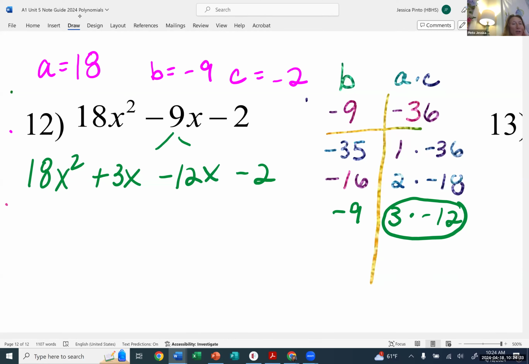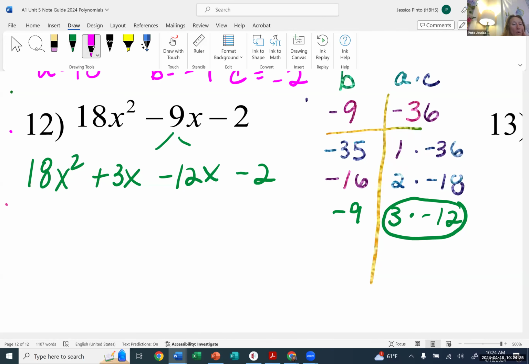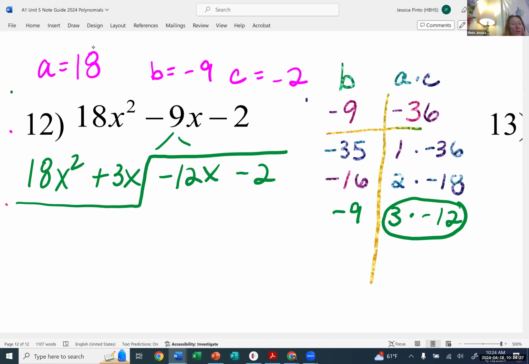Now I can do factor by grouping. 1, 2, up, 3, 4. In the first half, I can take out 3x. 3 times what is 18? 6x is correct. Plus 3 times what is 3?